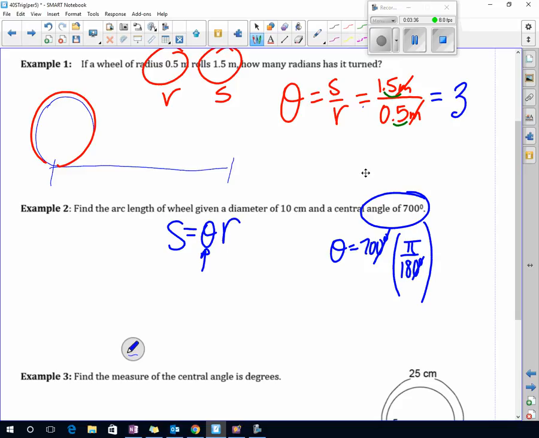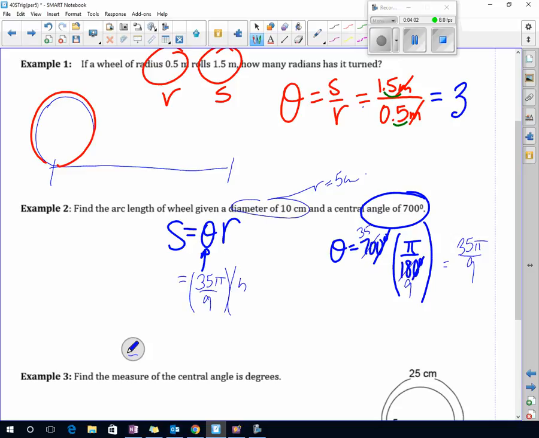What's the deal here? It says diameter. How do I change diameter to radius? It's going to be halved. Okay, so that means I can now figure this out. It's going to be 35 pi over 9 times 5 centimeters. What's my answer going to be in centimeters? Does everybody see that?